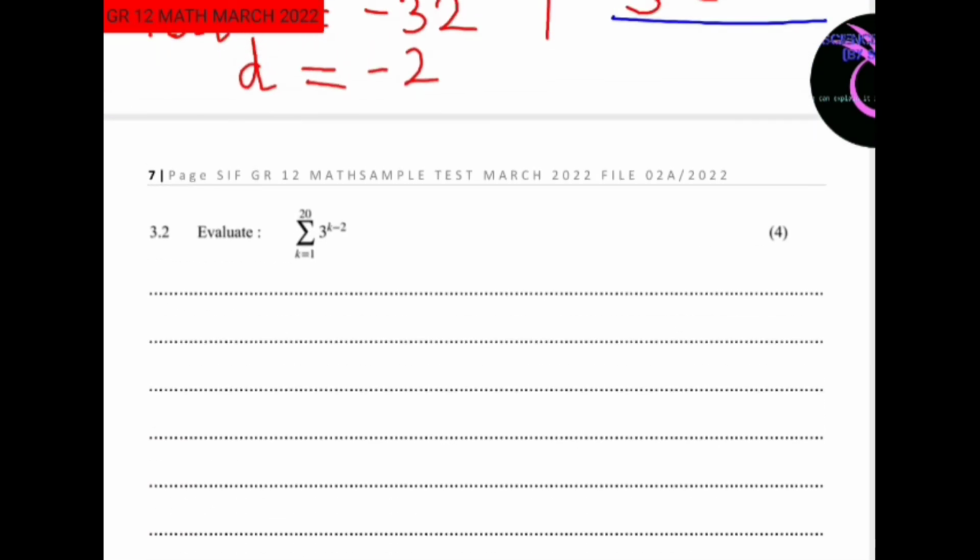The second question says evaluate. There we've got a sigma notation, sum of terms from k equals 1 to 20, and it is a pattern formed by a formula 3 to the power of.